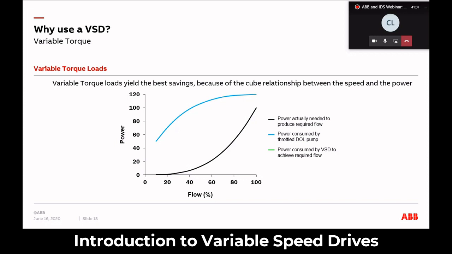Whereas by utilising a VSD to achieve the required flow, we get something a lot more accurate to what power is actually needed.